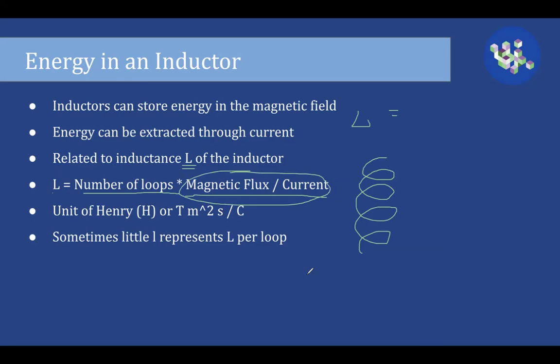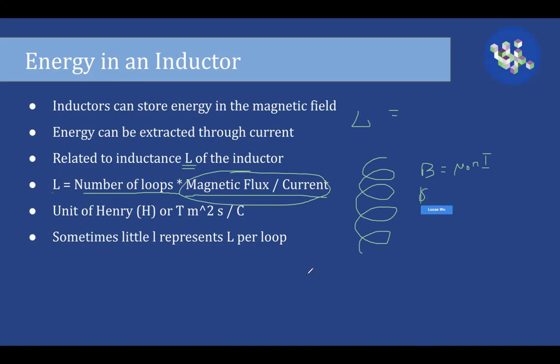Well, if I have a solenoid and it's an inductor, remember how we derived using Ampere's law that the magnetic field inside the solenoid is equal to mu zero times the number of loops per unit length times the current. Well, then what's the flux?